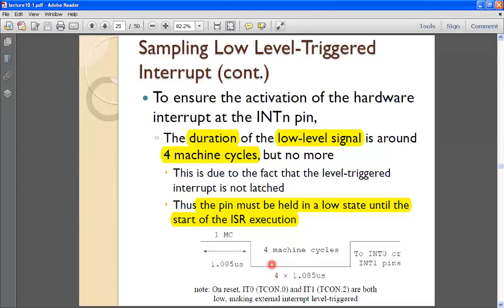The minimum width of this low level signal is 4 into 1.085 microseconds. So the pin must be held in a low state until the start of ISR execution. So for at least this much time your signal must be at low level, only then will it be recognized. If it is for 3 machine cycles, meaning 3 microseconds, then it is not considered a low level signal. The minimum low level signal duration must be 4 machine cycles, that is 4 into 1.085 microseconds. This is for INT1 as well as INT0.